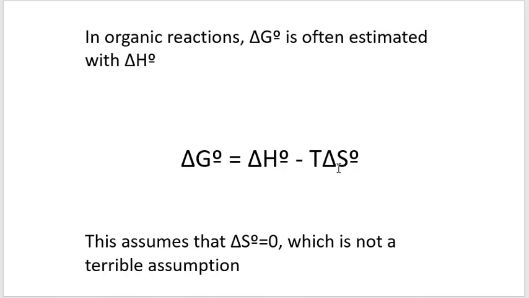And delta S is around 0 for a lot of organic reactions because you're starting with one thing and you wind up with one thing, and so you're not really changing entropy appreciably. So we're just going to go ahead and use enthalpy kind of synonymously with our Gibbs free energy.